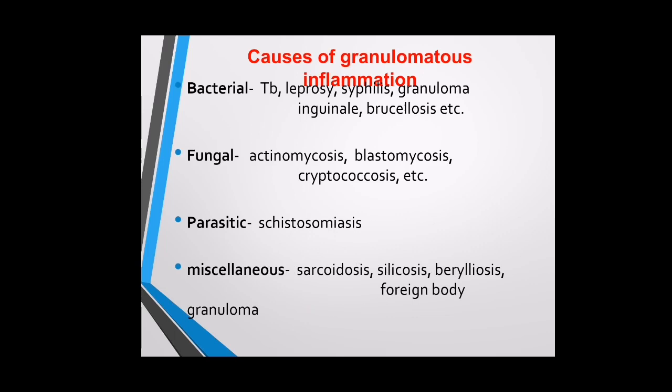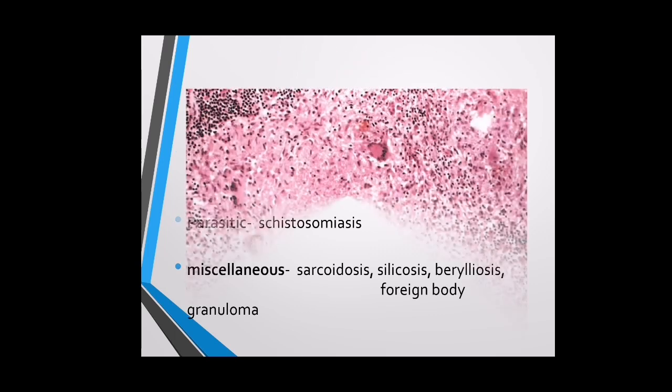Causes of granulomatous inflammation. The causes are bacterial: it could be due to tuberculosis, leprosy, syphilis, granuloma inguinale, brucellosis, etc. Fungal: it could be due to actinomycosis, blastomycosis and cryptococcus. Parasites: schistosomiasis. Miscellaneous: sarcoidosis, silicosis, berylliosis, foreign body granuloma.